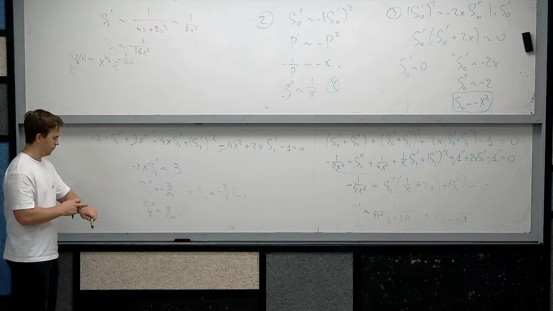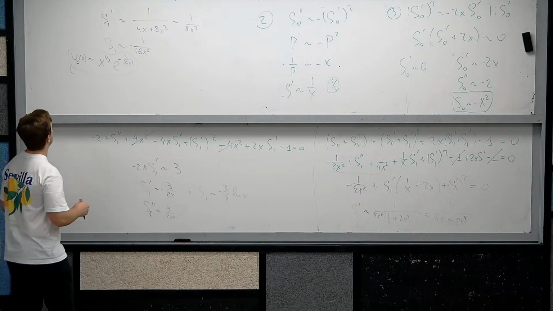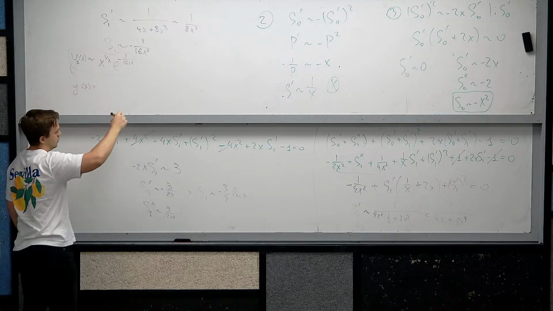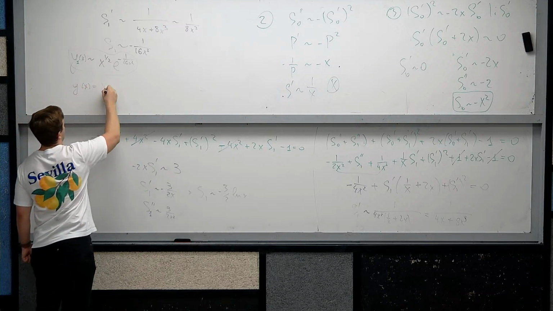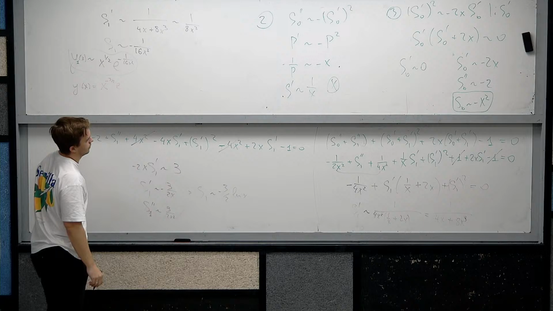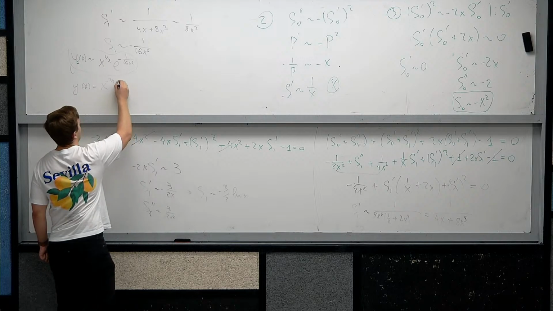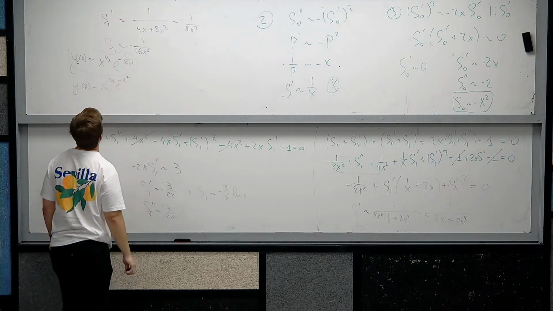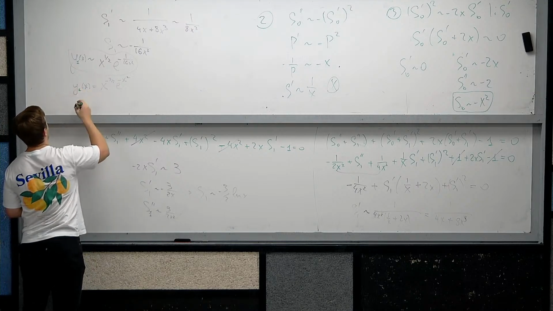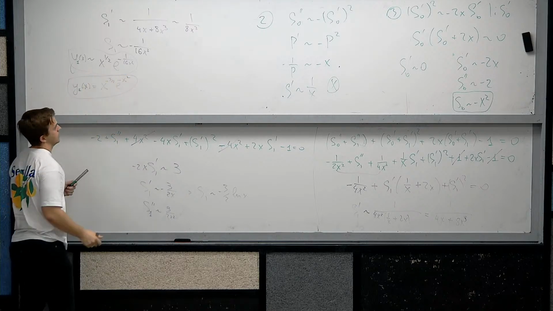Okay. Good. And then the second solution is x minus 3 half e to the minus x. This is the second section.